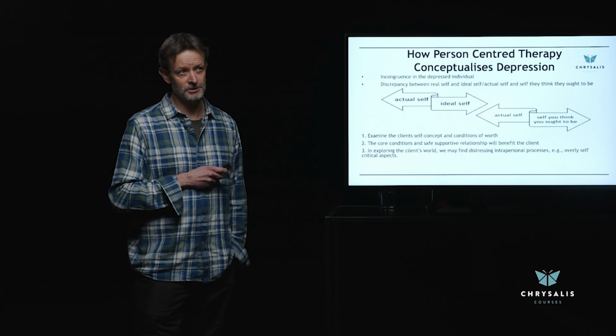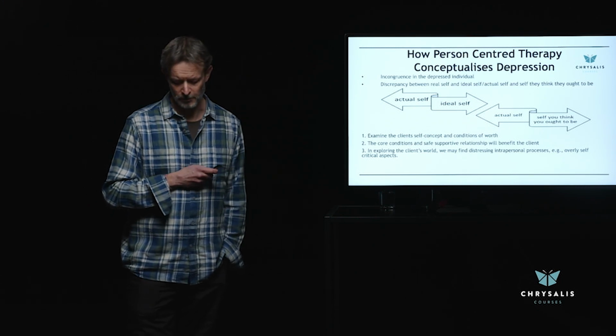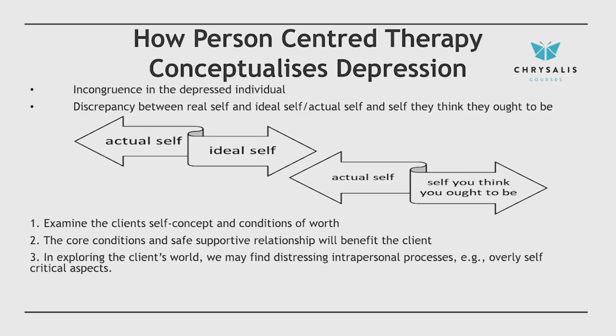So using the person-centered therapy approach around depression, we're often always looking at how incongruence exists in the depressed individual, and we look at the differences between the concepts of the actual self, the ideal self, and the self they think they ought to be.